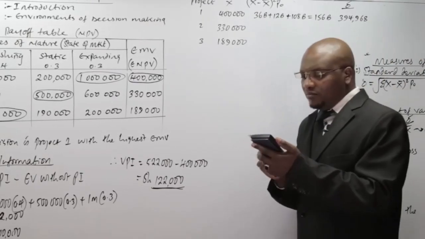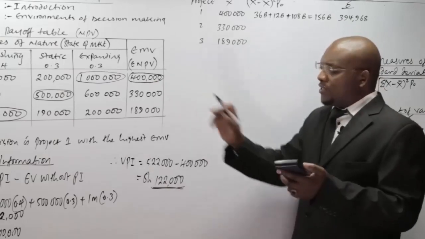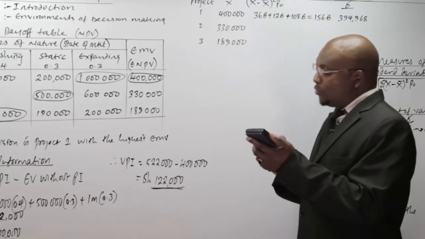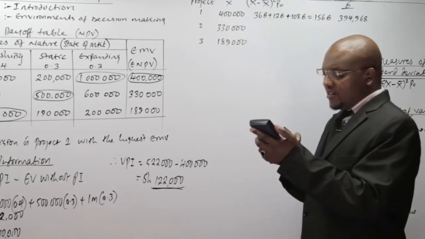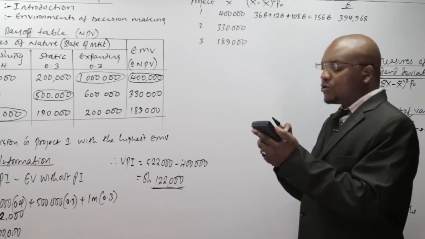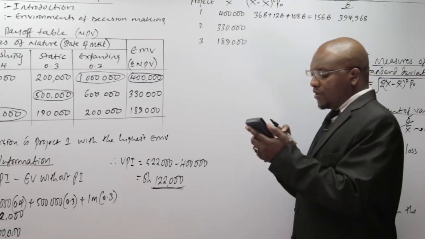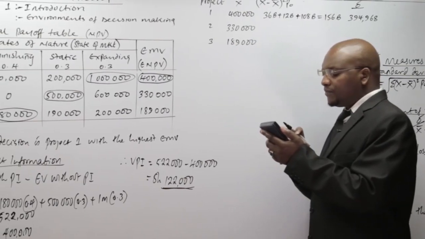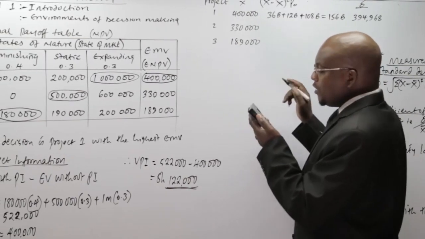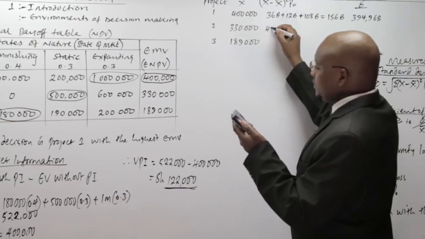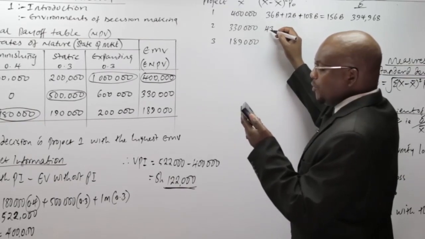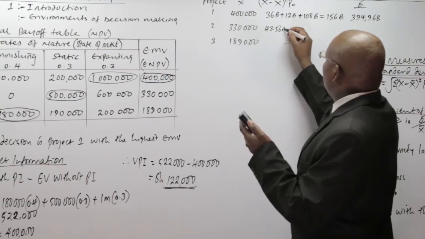Then the next one now, you have seen what I'm doing. So the second one is now 0. You subtract 330,000. Then you square it. You multiply by 0.4. This will give you 43.56 billion.